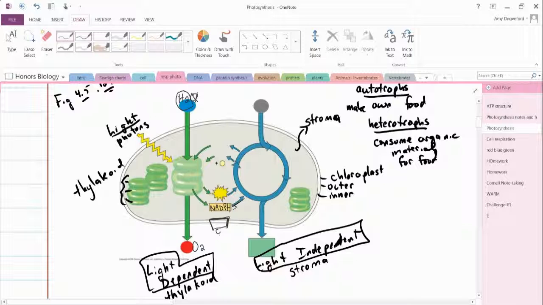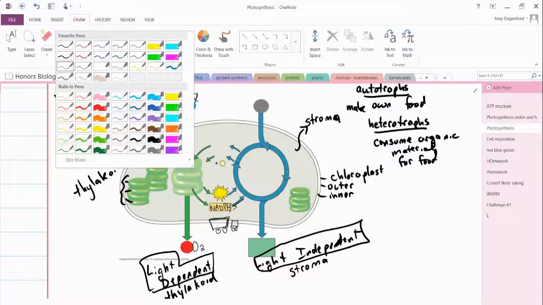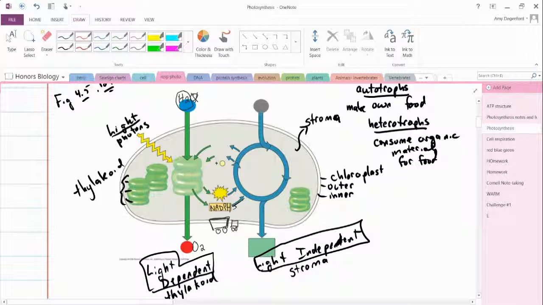It is a dump truck. And so anytime you see NADPH, think of this little molecule that can hold a hydrogen and an electron. And that's going to be very important for how we're going to make our food, our glucose.